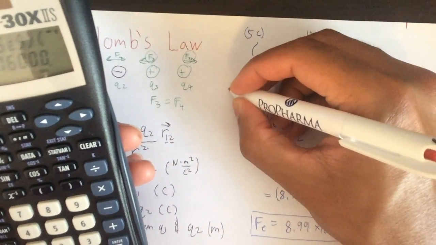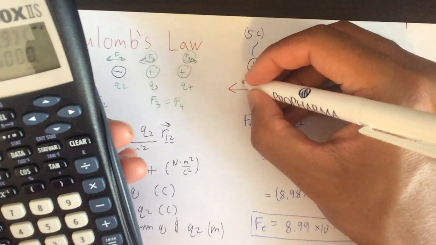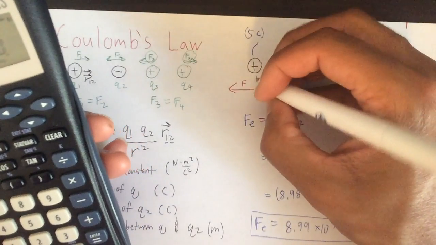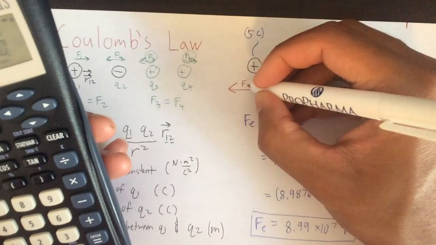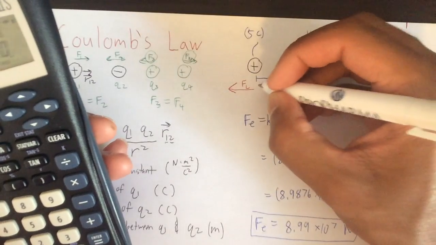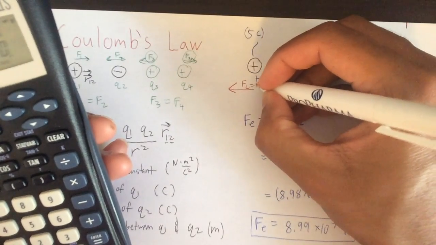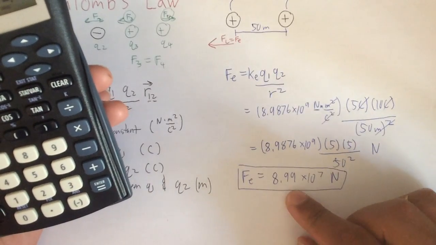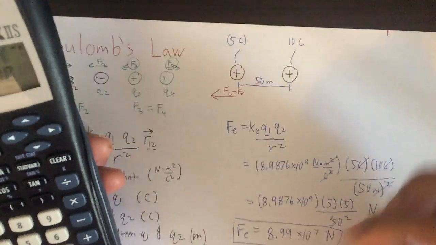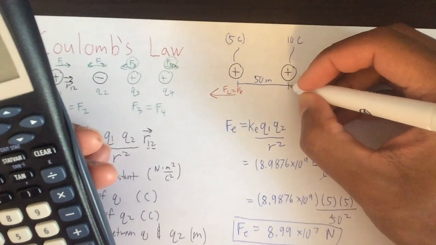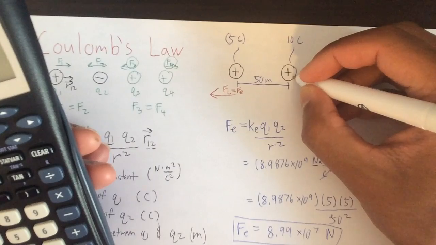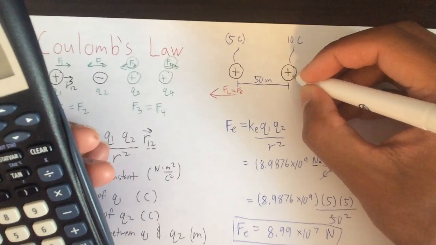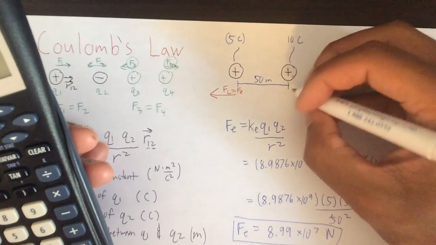So this force, we're just going to call it F left, is equal to Fe, which is, well, we got this number here, 8.99 times 10 to the 7 newtons, and we're going to have this force here felt on this particle.